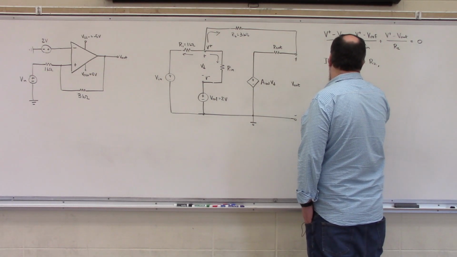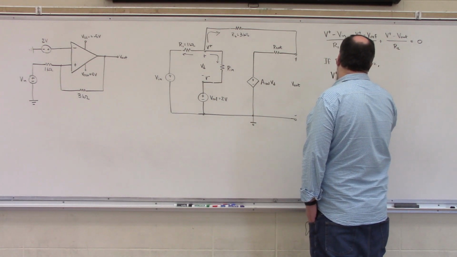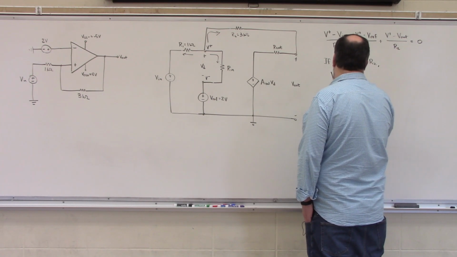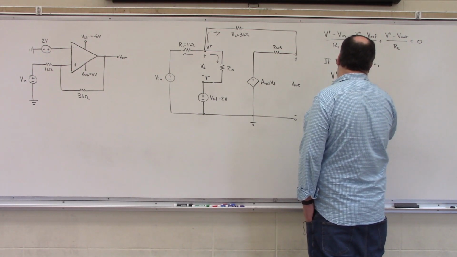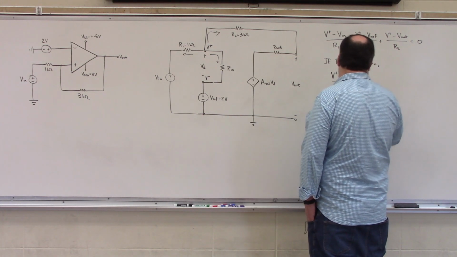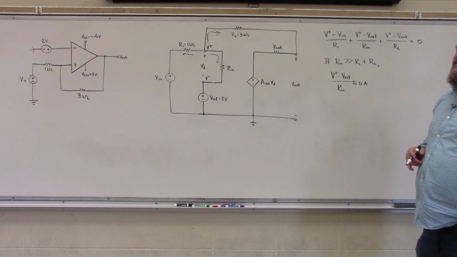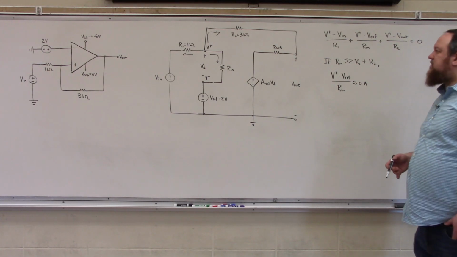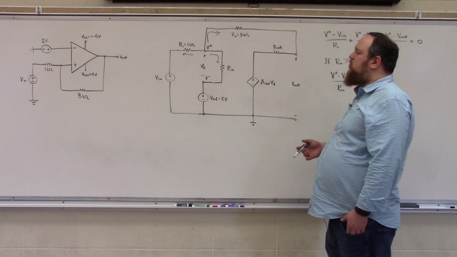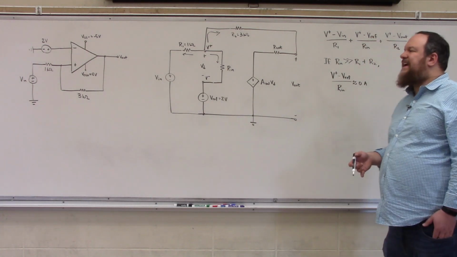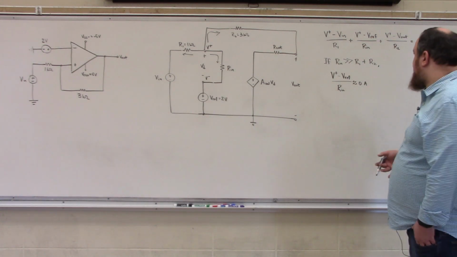V plus minus Vref divided by Rn will be approximately 0 amps. In practice, it will actually have a value, but it's on the order of picoamperes, which compared to the milliamps that we're seeing flowing elsewhere in the circuit is small enough to not be considered.